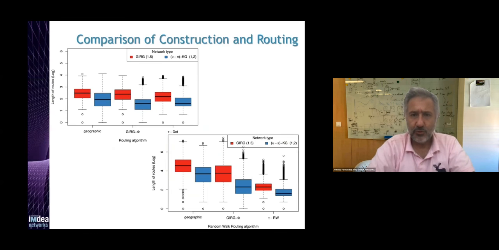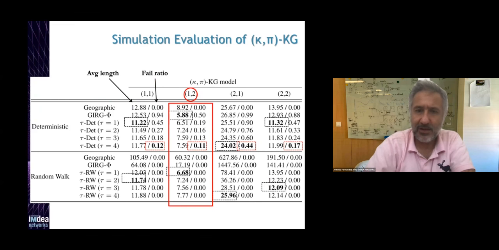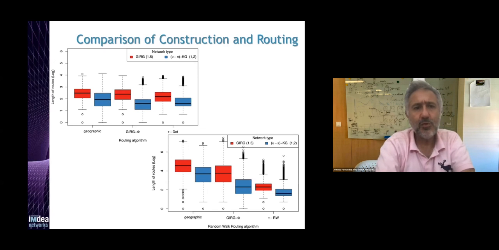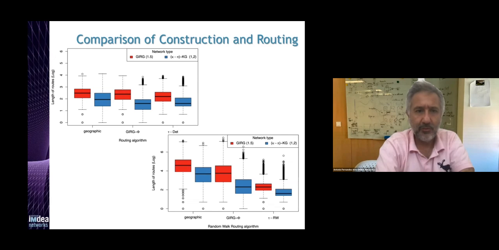But if we choose the best one, the one that gives the better results, and we compare, what we see is that red is the topology of GERC, blue is the topology that we propose, and you can almost systematically see that the blue on the right is always smaller than the red, which means that KG tends to work better than GERC.